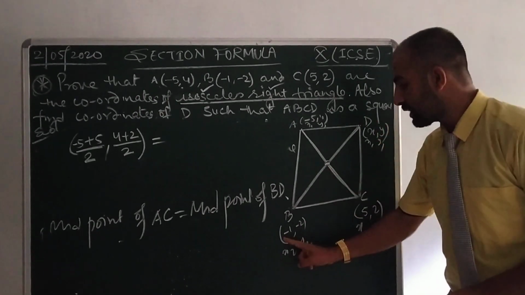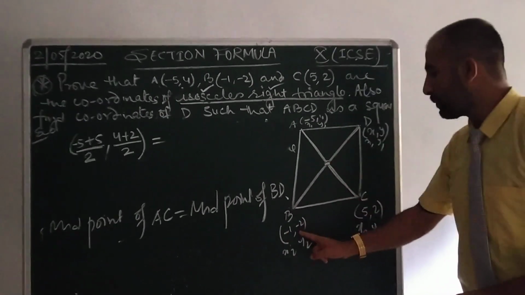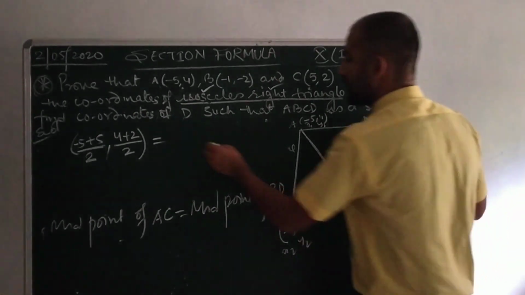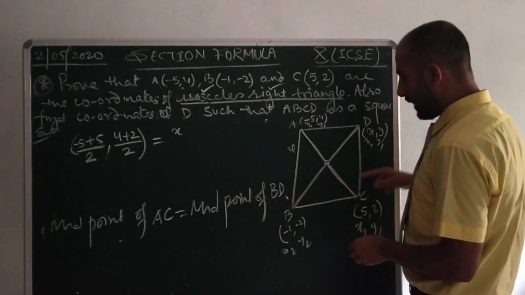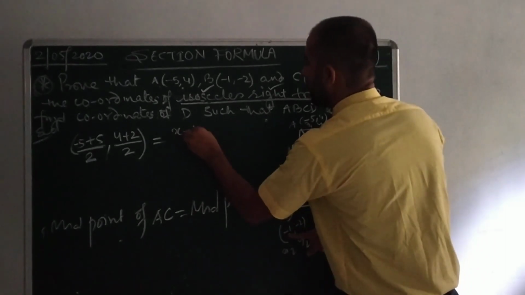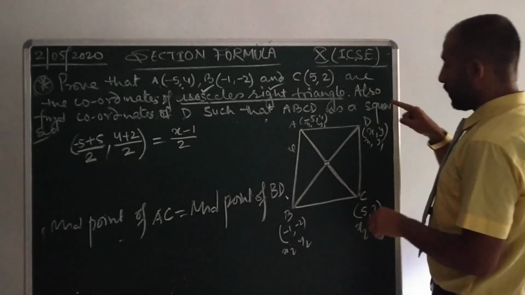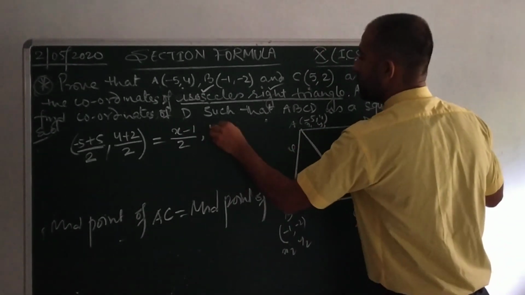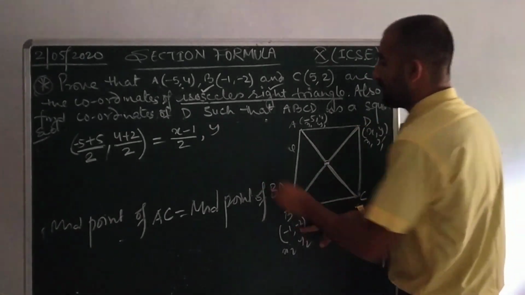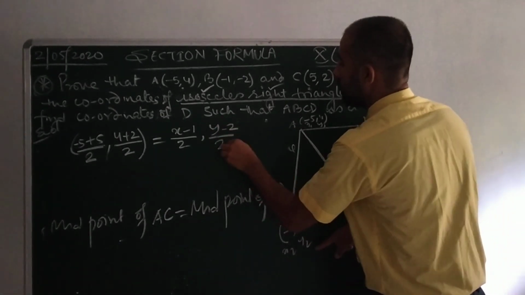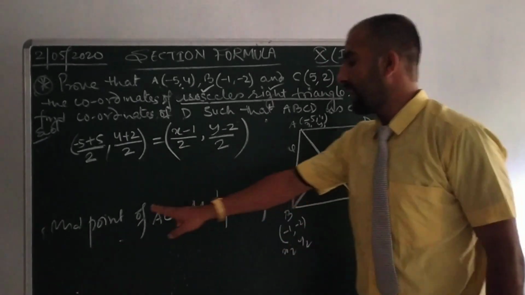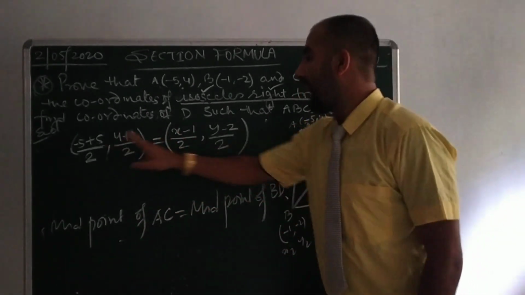For BD, the midpoint is x1 is x itself and x2 is minus 1, by 2; y1 is y itself, y2 is minus 2, by 2. So the midpoints of AC and BD are equal.